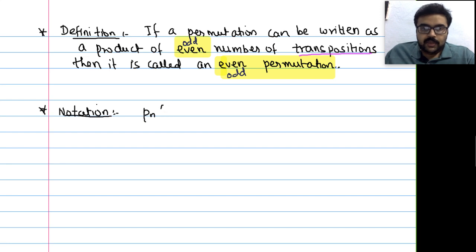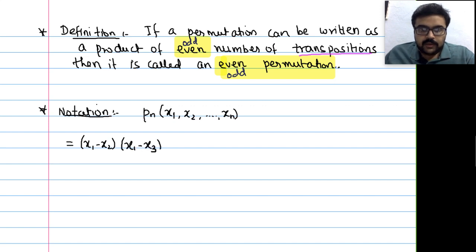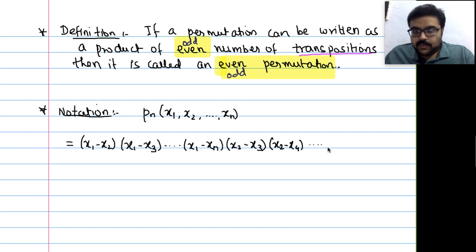So notation, we introduce this Pn. So we introduce Pn, a polynomial in n variables, x1, x2 up to xn, and this is defined as, Pn equals x1 minus x2 in this order. Then we have x1 minus x3, and then x1 minus xn finally, and then x2 minus x3. We don't go back, we start from the next, x2 minus x4 up to x2 minus xn.